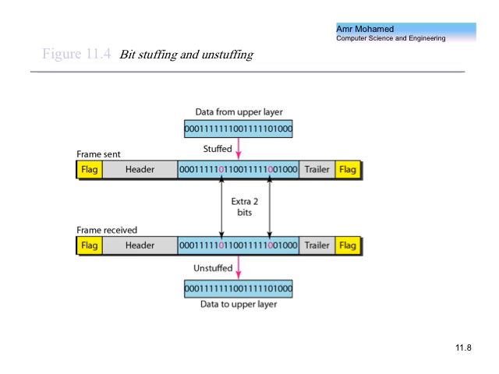So regardless of the number of consecutive ones, after each 5 ones, I'm going to embed a 0 after that. So this is what we call bit stuffing, and supposedly the overhead for this is less compared to byte stuffing, because here what I'm adding is actually 1 bit as opposed to 8 bits at a time.